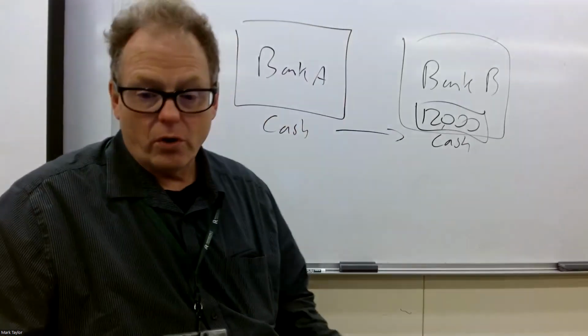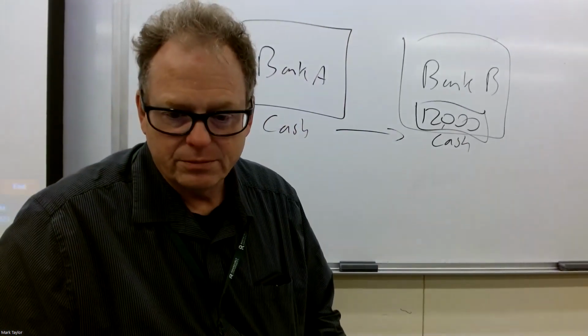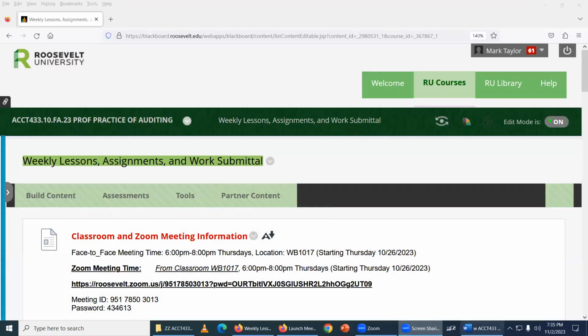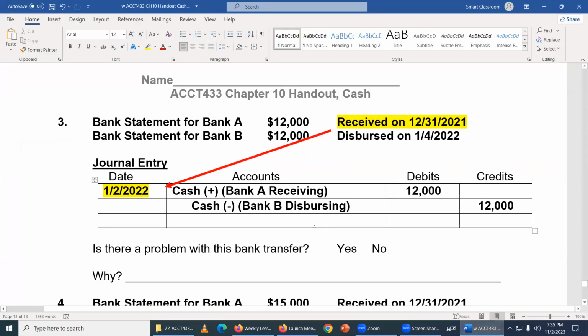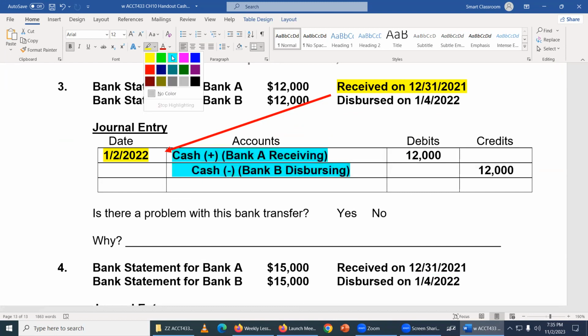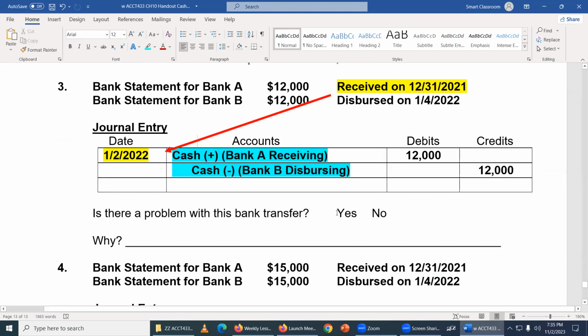And they didn't record it. Now, it does meet the second requirement. These two are made at the same time, but it fails on the first one. Is there a problem with this transfer? Yes.